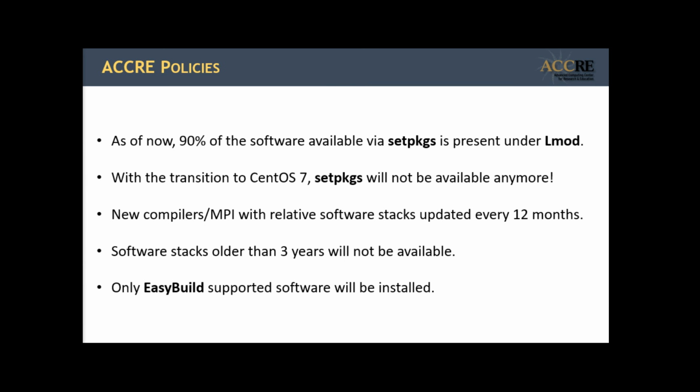So again, if you're using the oldest version because your code does not compile with a newer version of the compiler, I would strongly recommend starting to work on it, because after the 3rd year, that compiler is going to get dropped. So you're going to end up not being able to compile your code.